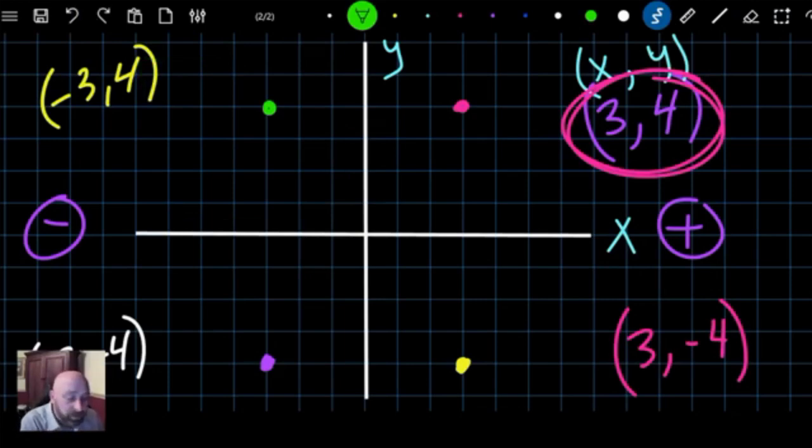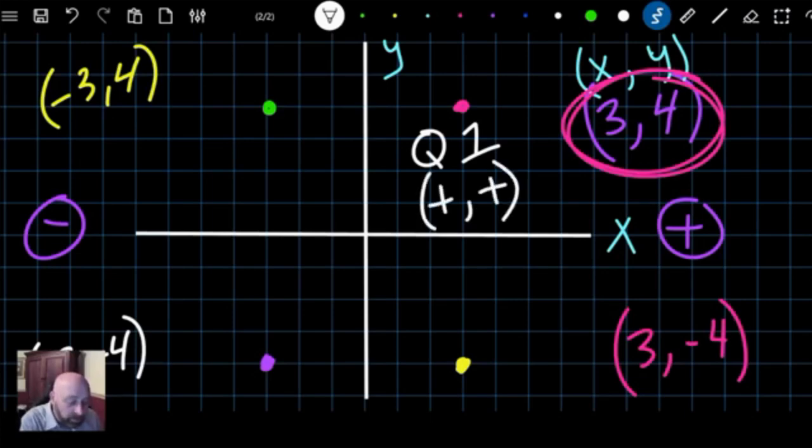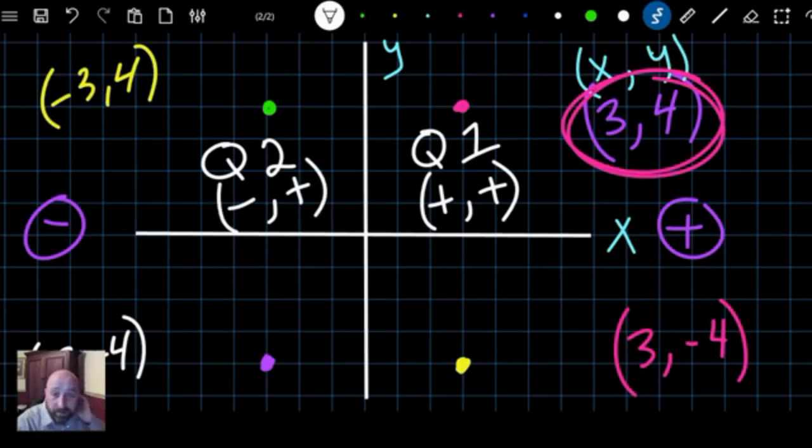These quadrants, let me go around them for you. This is quadrant 1, and in quadrant 1, x is positive and y is positive. Then we come over here to quadrant 2, where x is negative and y is still positive.